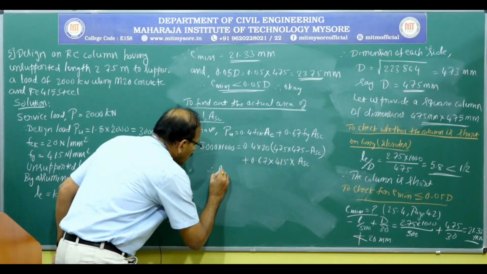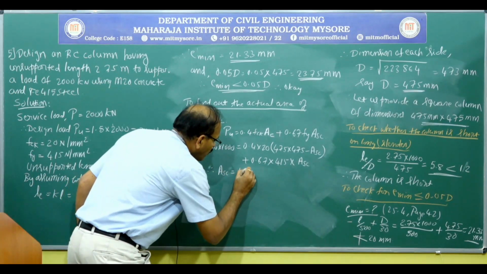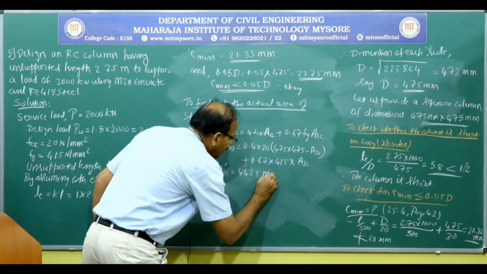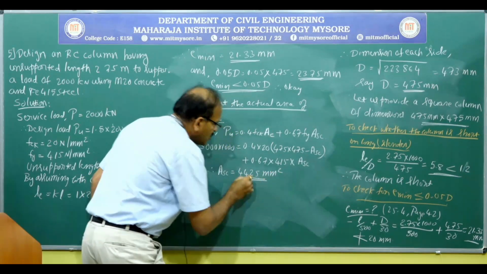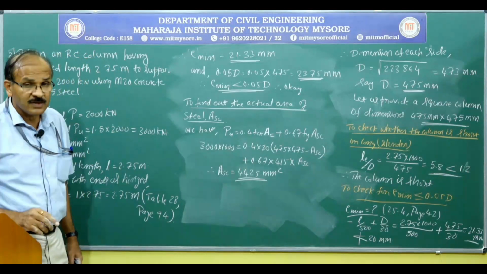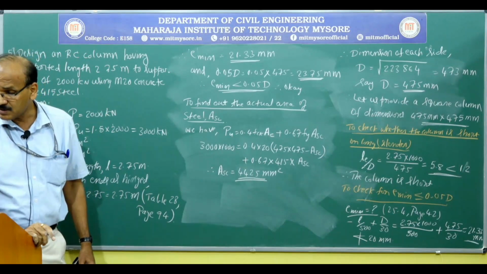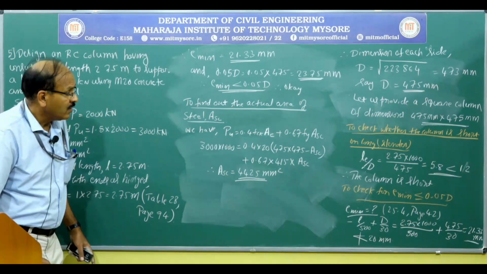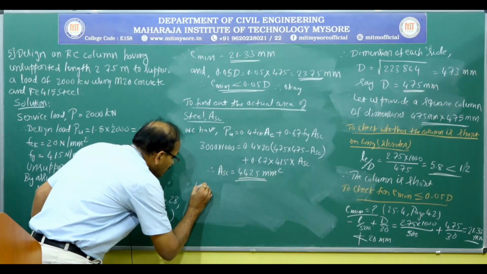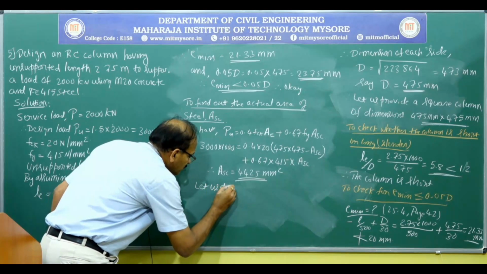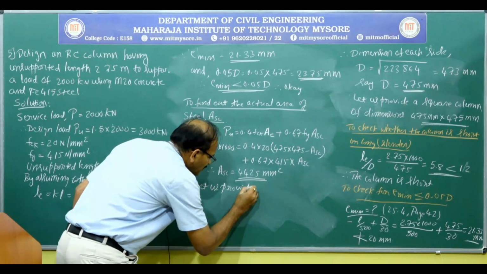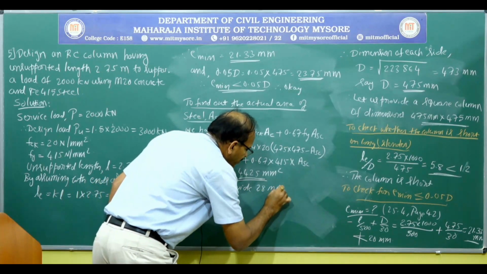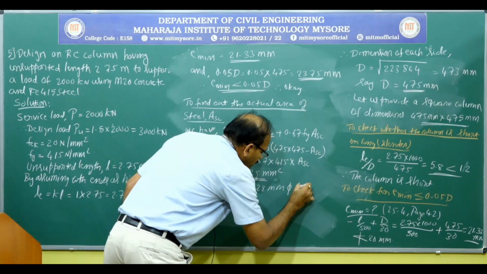Therefore, ASC equal to 4425 millimeter square. That is the area of compression steel required. Okay. Let us provide 28 mm dia bars.